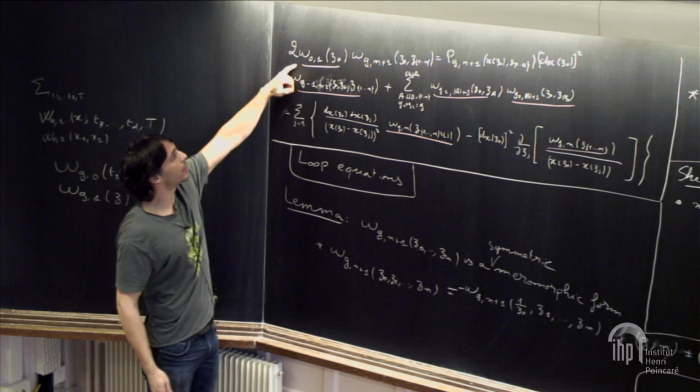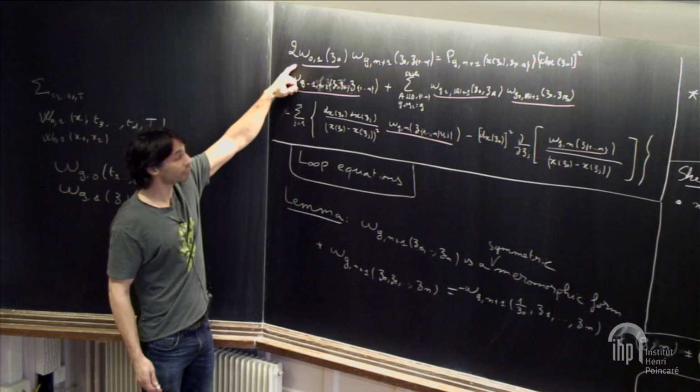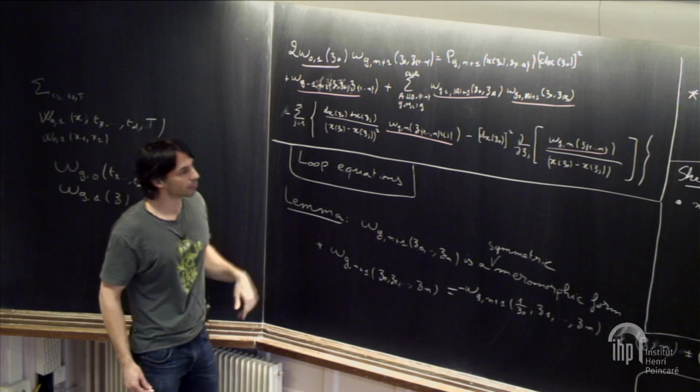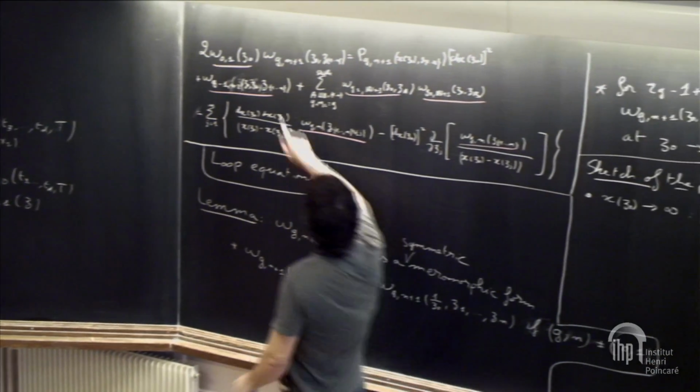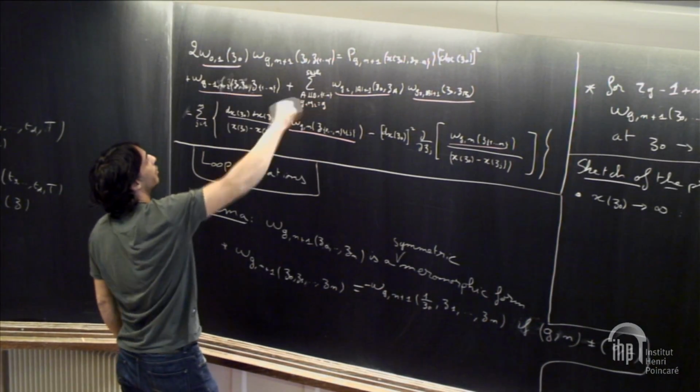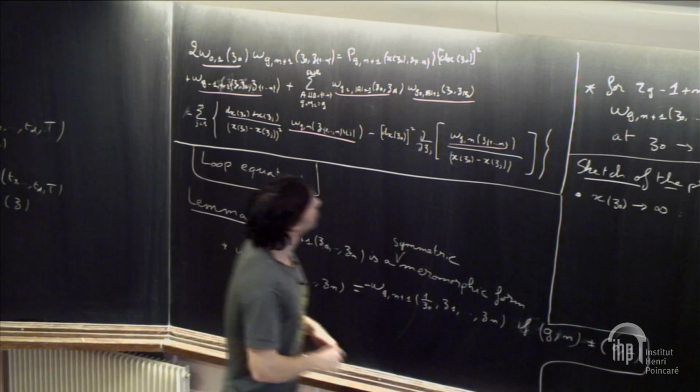But you see that I multiplied by omega 0,1 of z0 here. So if I want to compute omega G,n+1, I've got to take the 1 over omega 0,1 there.